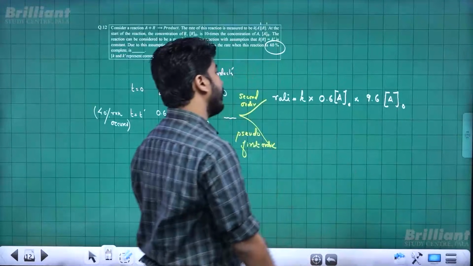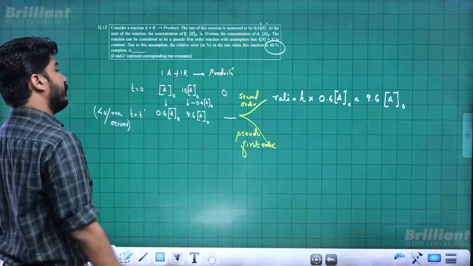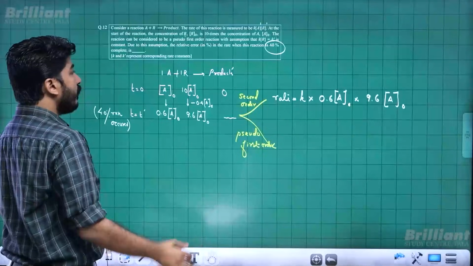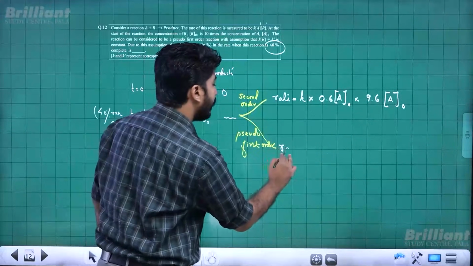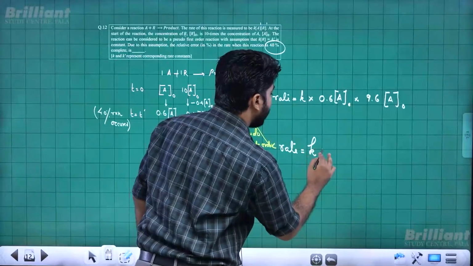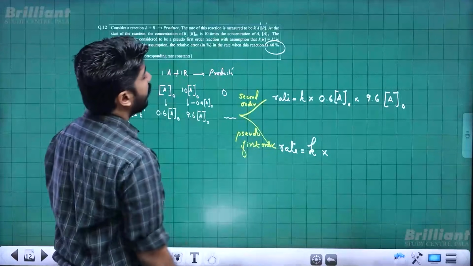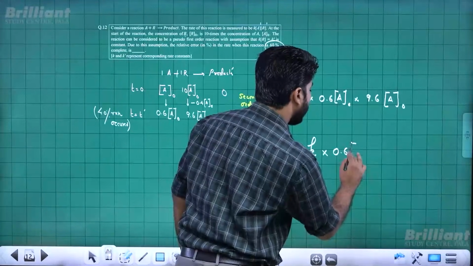Okay, this is the rate of the reaction if we take the general case of second order reaction. Now, if we view this reaction as a pseudo first order reaction, then the rate is going to be K into concentration of A, which is 0.6 A0.